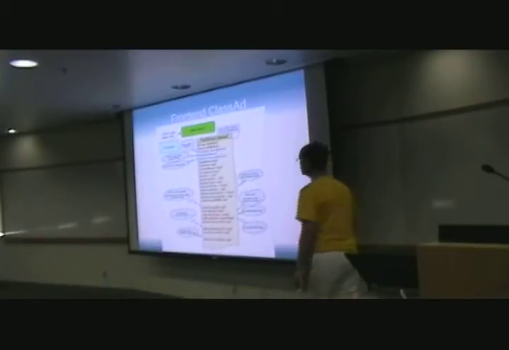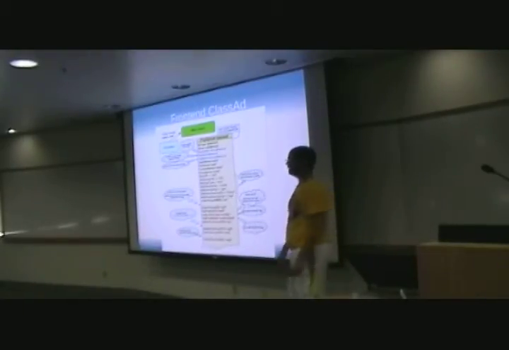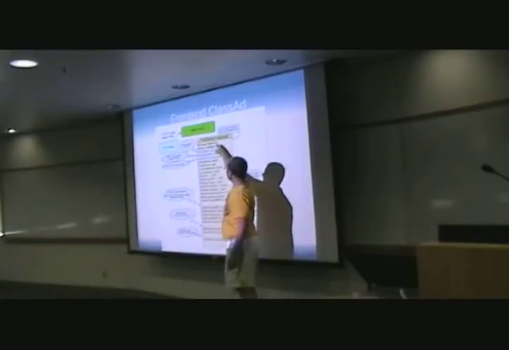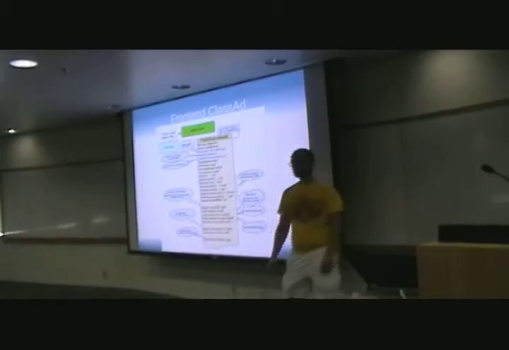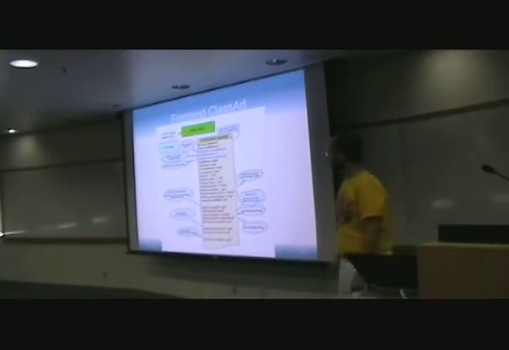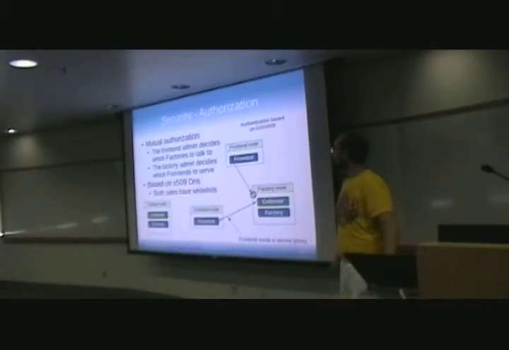Then the frontend replies with a similar classad where it says who it is, what it is requesting, any additional attributes, the key, and various monitoring information. This is actually in the manual, so don't worry if you cannot read it. I put it here just for reference. I don't want to go into details.